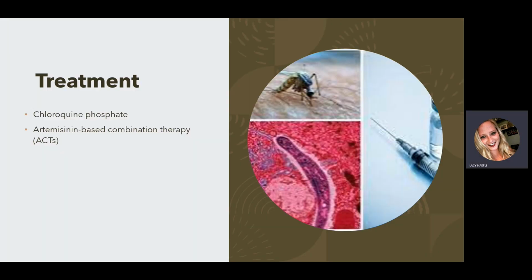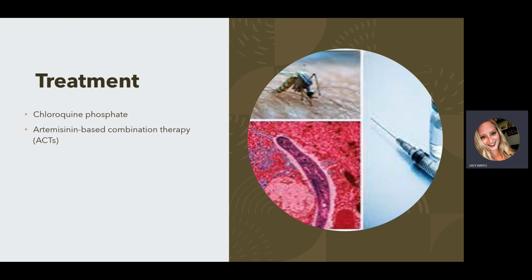So treatment options. So when a person does contract malaria, there are a couple of different options. There are chloroquine phosphates and then artemisinin-based combination therapies or ACTs. So chloroquine phosphate is the preferred choice for prevention and treatment of malaria.